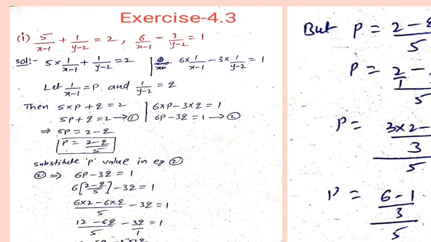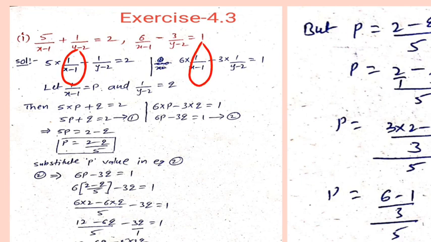So here observe the answer. 5 by x minus 1 is written as 5 into 1 by x minus 1, plus 1 by y minus 2 equal to 2. Coming to the second equation, 6 by x minus 1 is written as 6 into 1 by x minus 1, minus 3 into 1 by y minus 2 equal to 1. In the first equation 1 by x minus 1, and in the second equation also 1 by x minus 1.